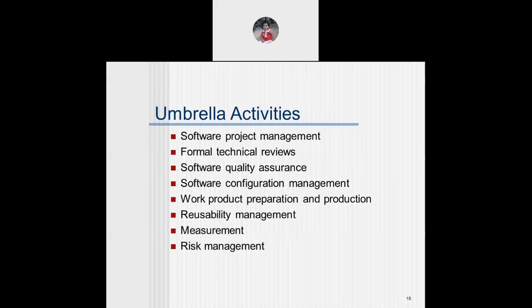Here the software project management performs the management activity of the entire software project team and their software project. A formal technical review discusses each and every phase of the software development life cycle. We take part in the review process between the client and the development team to satisfy the need of the particular customer.